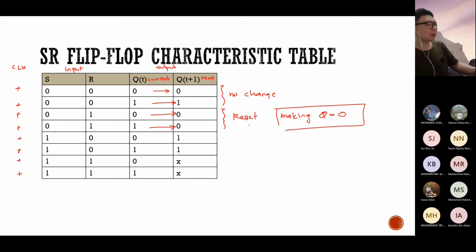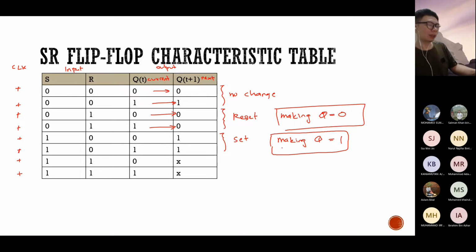Right, take a look at the next one. Next one is the 1, 0. Two of these rows are 1, 0. These are the set state. So set state is the opposite of the reset state. In a set state, you are making the Q a value of 1.